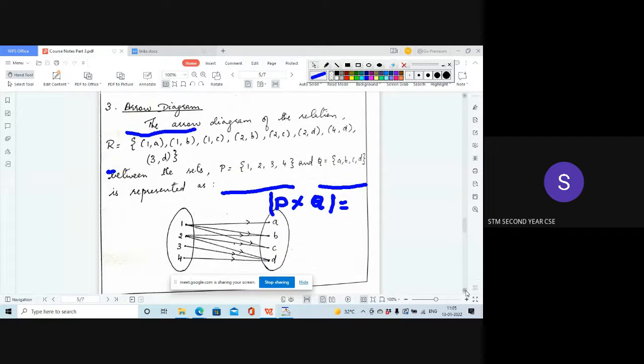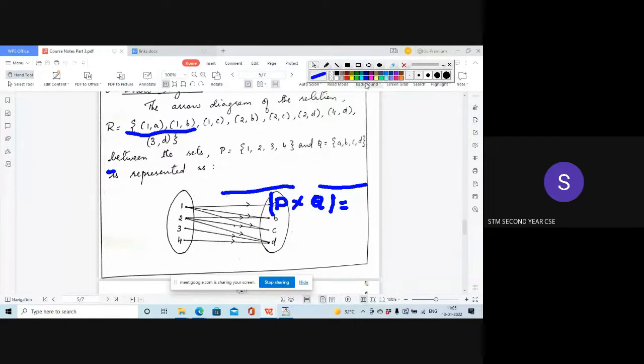So how to represent the arrow diagram is as follows. What you have to do is take the first set P. You draw an ellipse like this, a vertical ellipse, and then write the elements of P inside the first ellipse. That is 1, 2, 3, 4 is written inside with a dot.